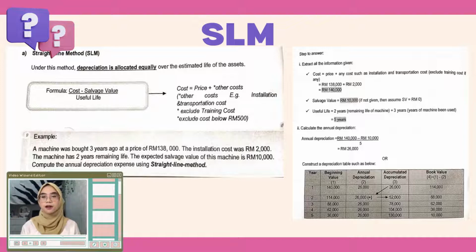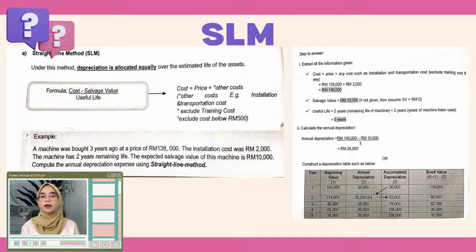So first of all, we should extract all the information given. First, cost equals price plus any costs such as installation and transportation costs. Exclude training costs if any. So RM138,000 plus RM2,000 equals RM140,000, which is the cost. Second, salvage value equals RM10,000.